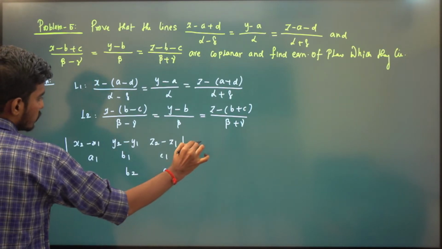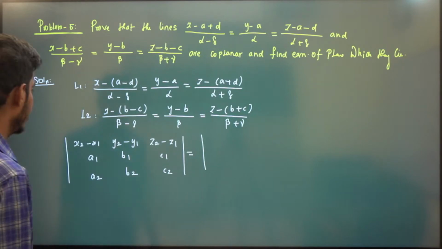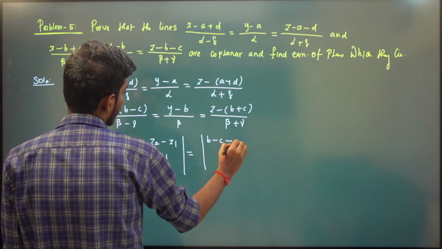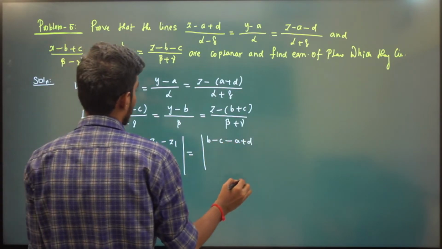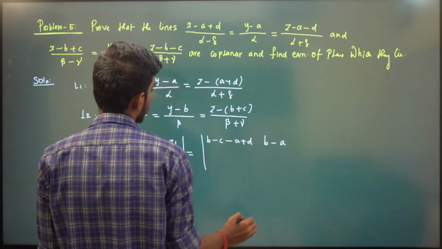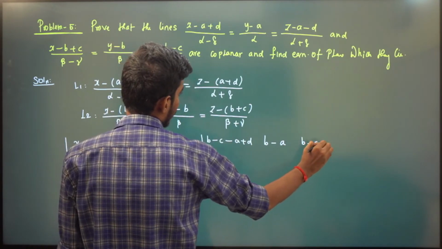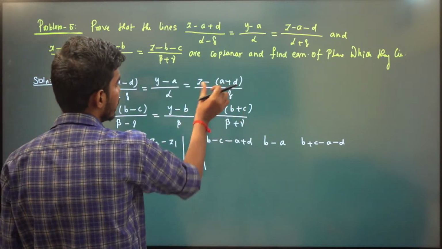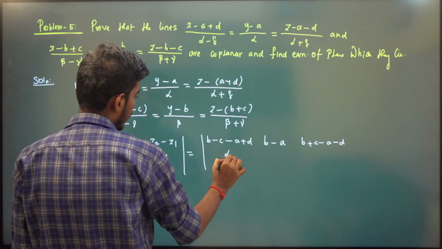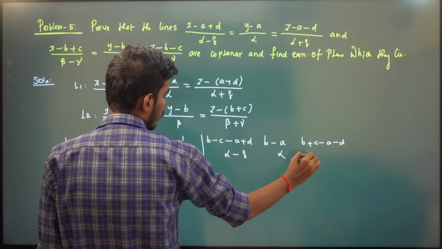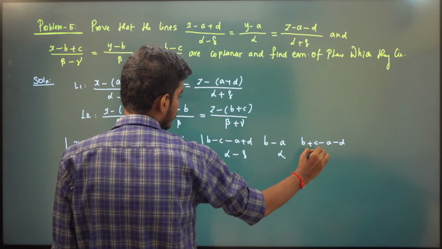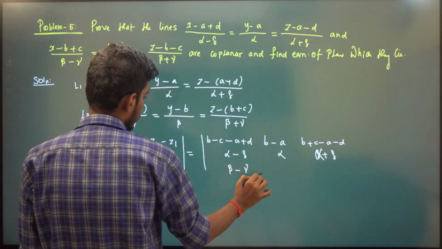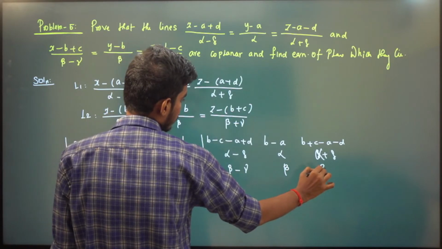So x2 minus x1: x2 is b plus c, x1 is a plus d. So the first row is b plus c minus a minus d, and the other rows are alpha minus delta, alpha, alpha plus delta, and beta minus gamma, beta, beta plus gamma.